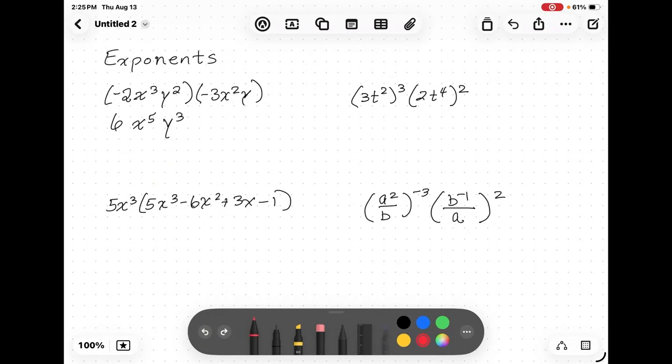I will take the one on the right here. I can't do 3 times 2, right? Because that's an order of operations issue. A 3 and a 2, but I can't do multiplication because order of operations says that I have to do the parentheses and the exponents before I do the multiplication.